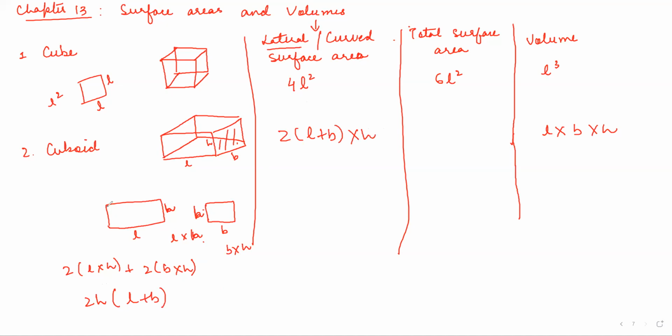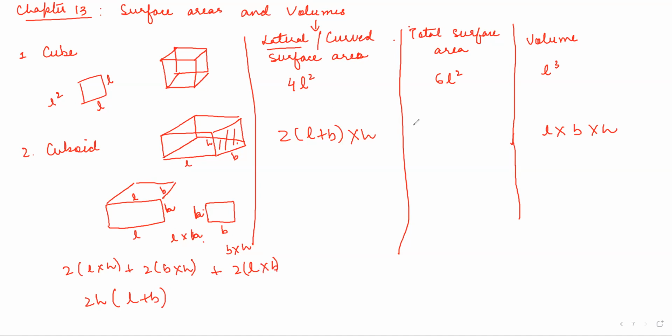And then you are adding the top area also. So this is the top area. This is length, and this side was your breadth. So in this, you are again adding 2L into B. Is that okay? Okay.